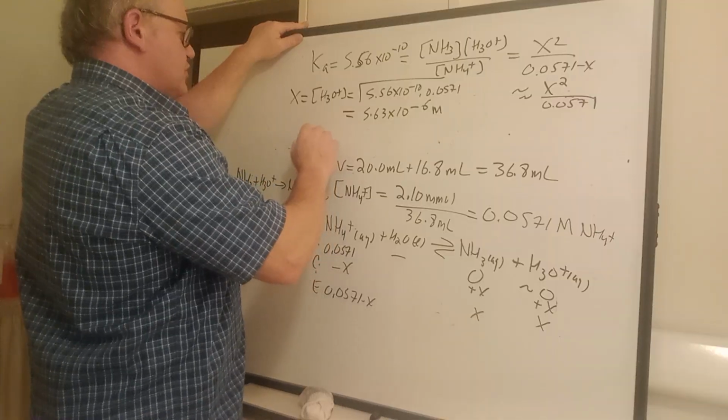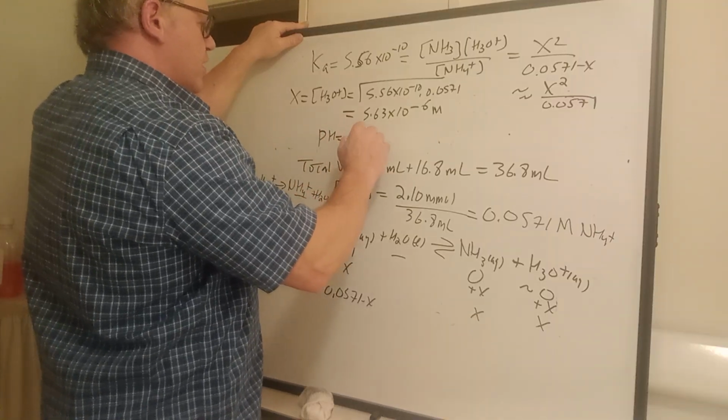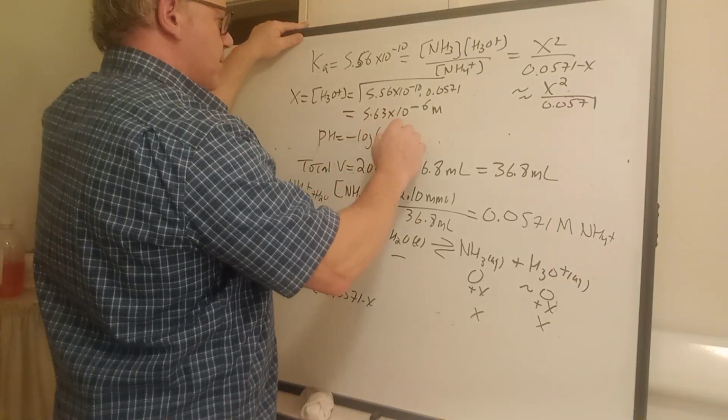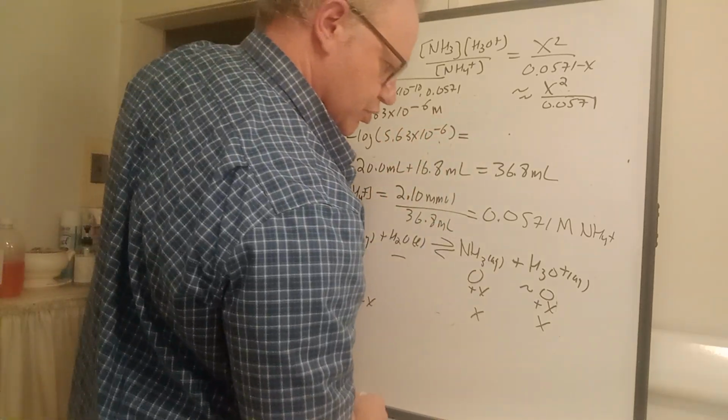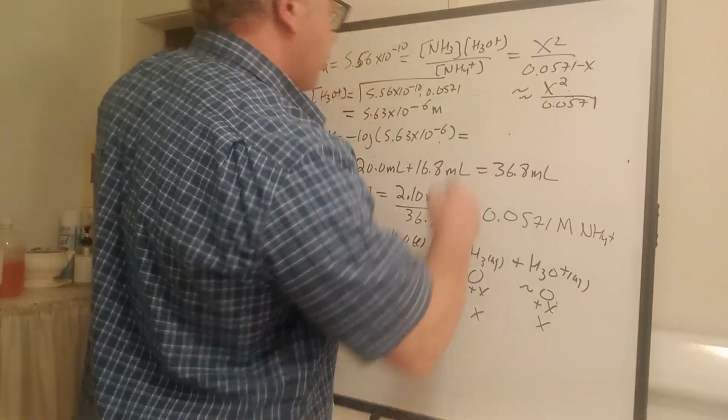So then pH is going to be equal to the negative log of that, and that's going to be equal to 5.25.